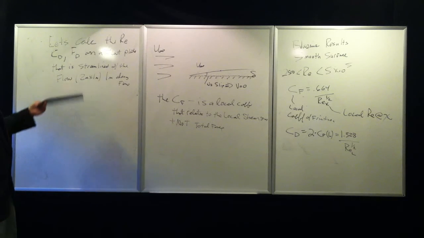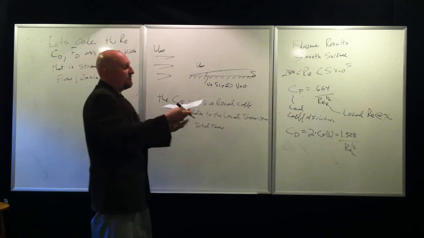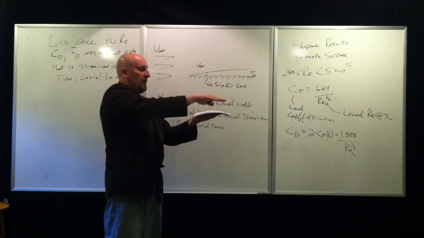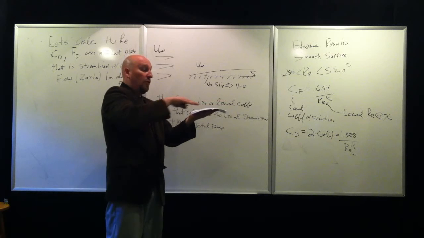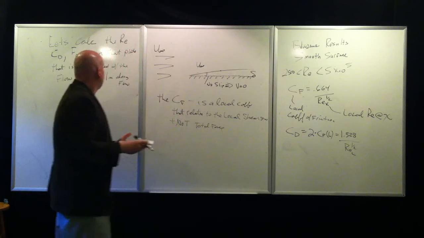And the size of the plate will be 2 meters by 1 meter. Could be represented at a smaller scale, 2 meters this way, 1 meter this way, flow going over the top of it, so the length of the flow is going to be 1 meter to evaluate our Reynolds number.